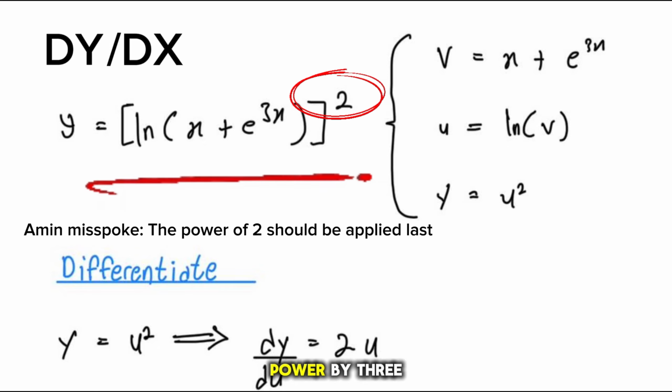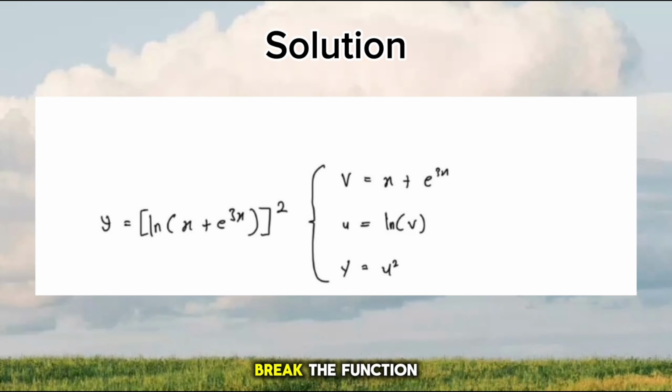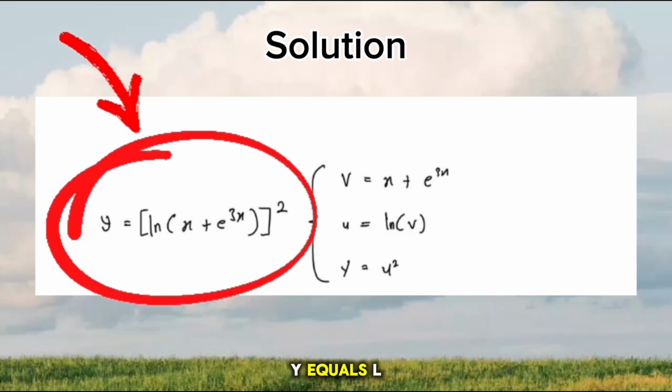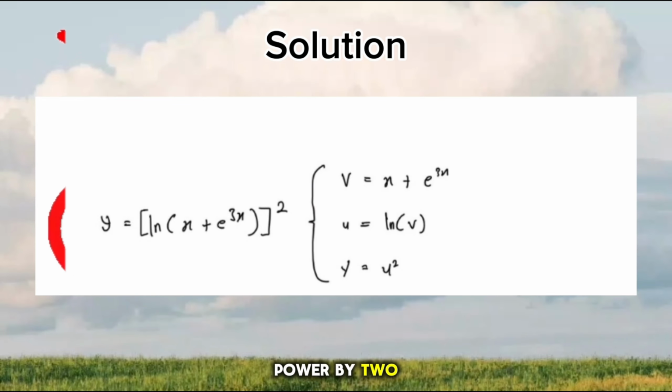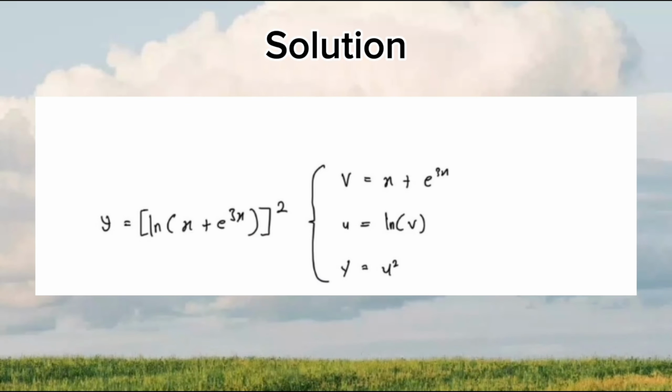ln(x + e^(3x)) squared. So first, we break the function y equals (ln(x + e^(3x)))^2 into nested variables from the inside out.